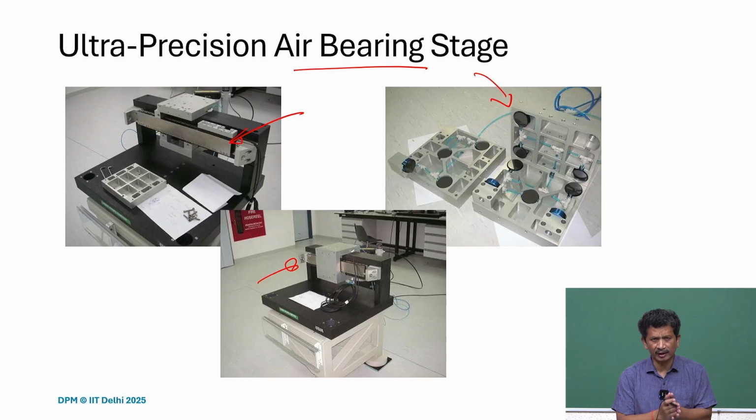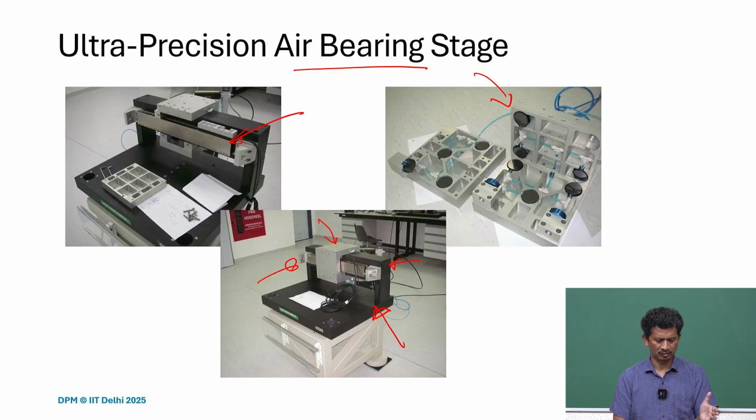So what you realize is that the granite table and the slider here, there is no physical contact between the two. It's actually floating on air pads and guided, and the linear actuator is providing the necessary force required to move it.